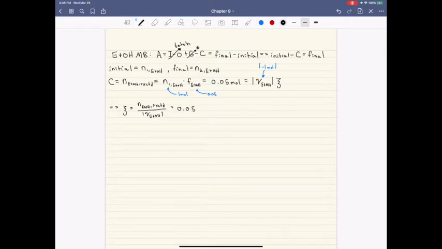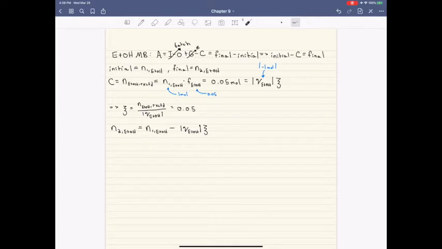Now that we have this extent of reaction, which will be useful later, we could go back to the material balance that we derived for ethanol, and we could use it to solve for our last unknown. And so what we have is the final amount of ethanol, N2 ethanol moles, is equal to the amount of ethanol that's initially in the system minus that consumption, which I'll write in terms of the extent of reaction.